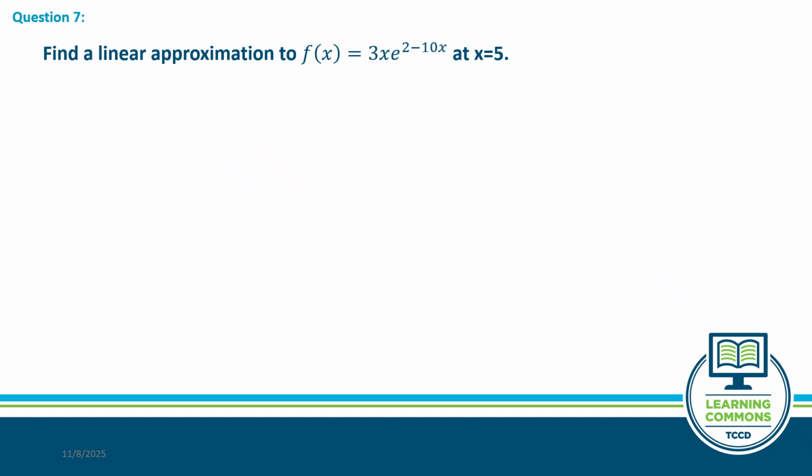Okay, linear approximation. So what is linear approximation? We're essentially using the tangent line of a function at a specific point to estimate the function's value near that point. So let me draw this out. I'm given a function, so it looks like that, right?